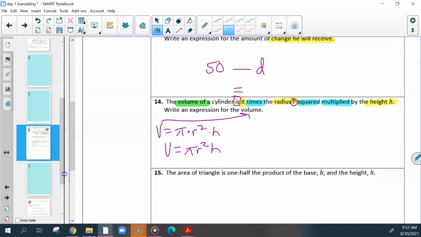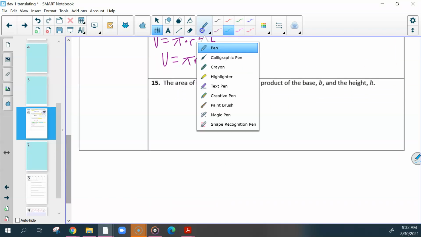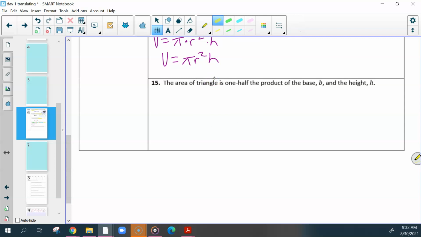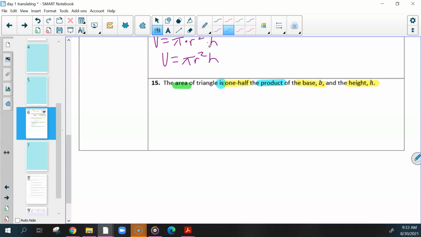For the last one, what was important here? That we're finding the area of the triangle. And then that it's 1/2 of the product of the base and the height.